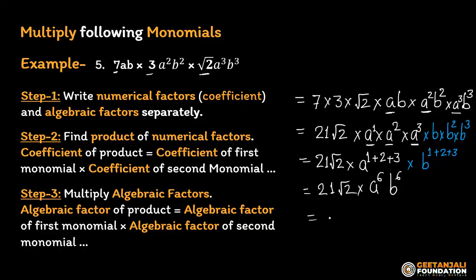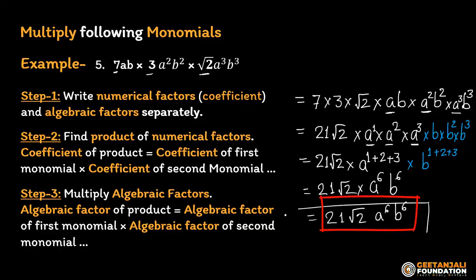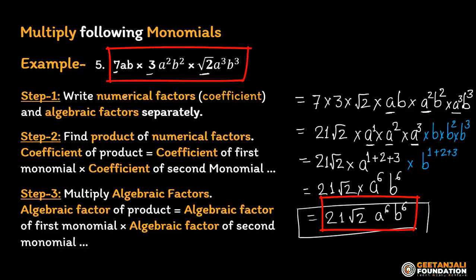So your answer is 21 root 2 a raised to 6 b raised to 6. After multiplying these three monomials, I hope you have understood how we can multiply monomials. What is important here is that you must know the law of exponents and how to multiply numbers, and multiplication of monomials can be extended to any number of terms.